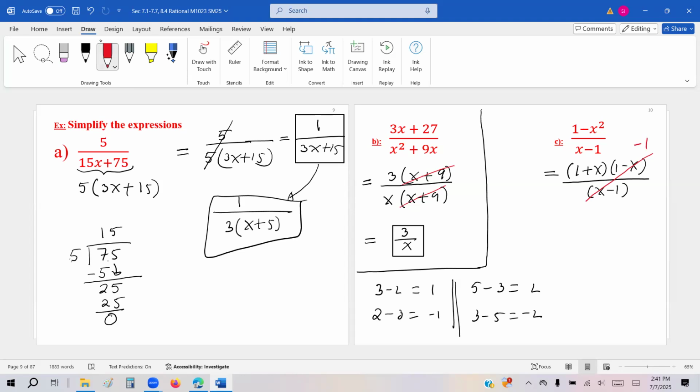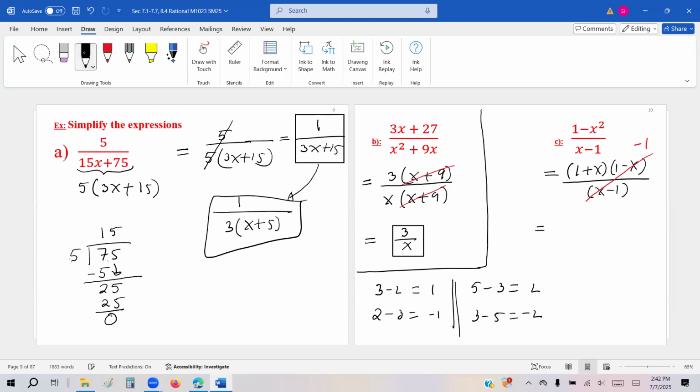Just like this one. 3 minus 2 is 1. 2 minus 3 is same 1, but negative. So when you have the exact same two things, just position reversed, yes, you can cancel them, but the result is not 1, it's negative 1. So 1 minus x and x minus 1, they're not exactly the same, they're negative of one another. So when we cancel, we get a negative 1 left.